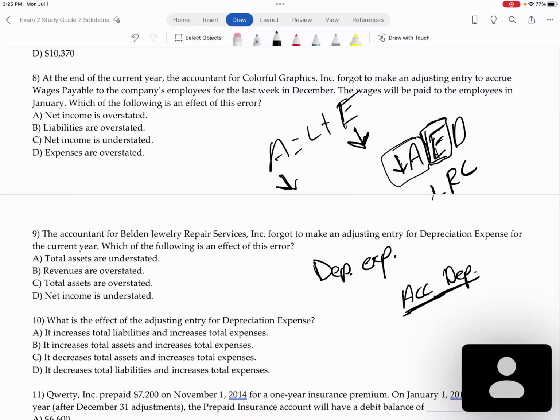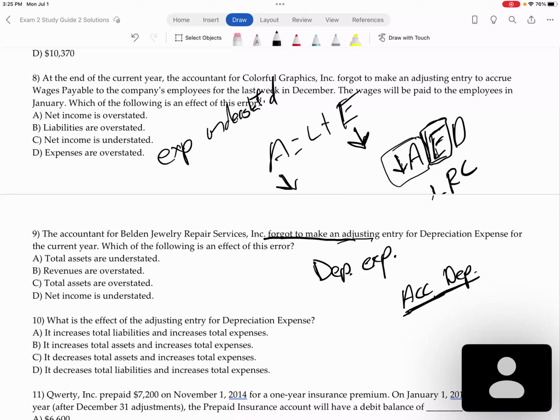So that's the idea. If we forgot to do this, then we didn't record an expense and we also didn't reduce our assets down, okay? So we're looking for something like expenses are understated, right? Because we didn't record an expense.